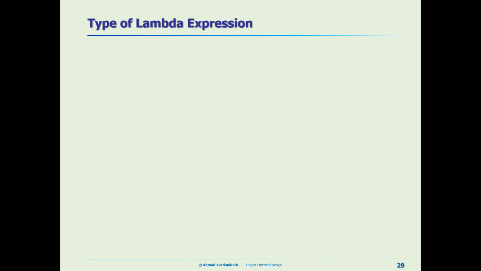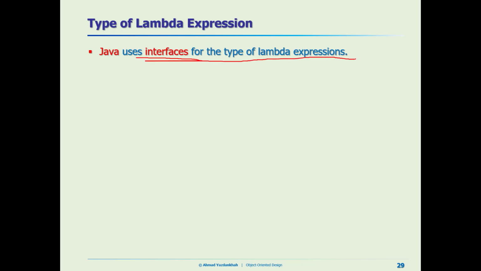Okay, so here is the reality. Java uses an interface for the type of a lambda expression. Very interesting. Again, we see the footprint of interfaces. Yeah, so an interface is the type for a lambda expression.